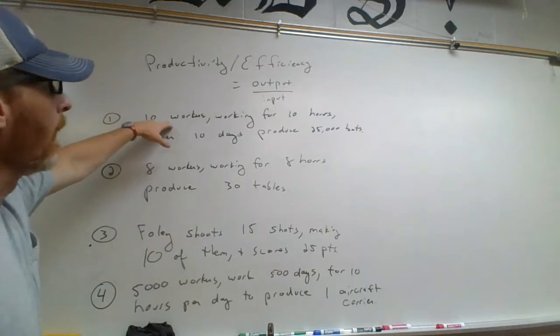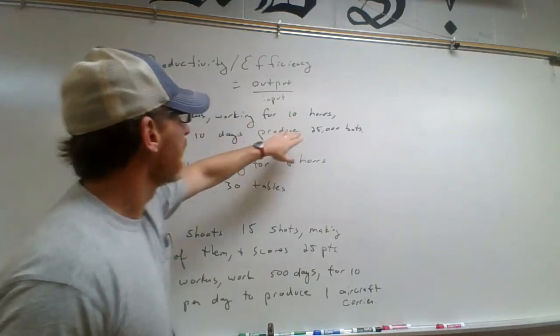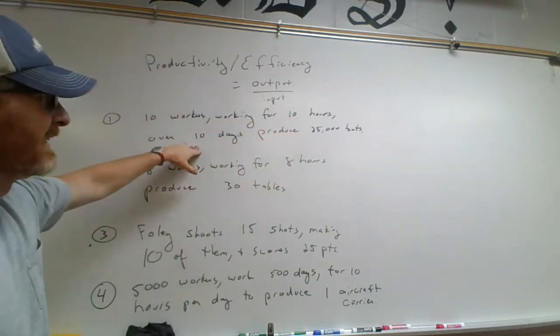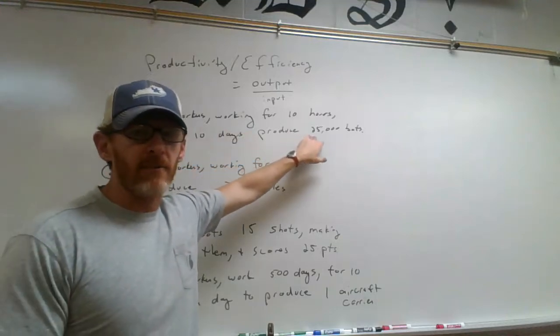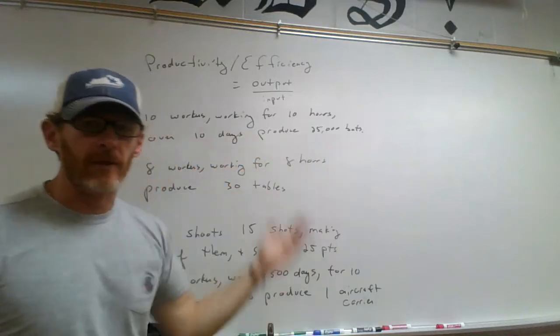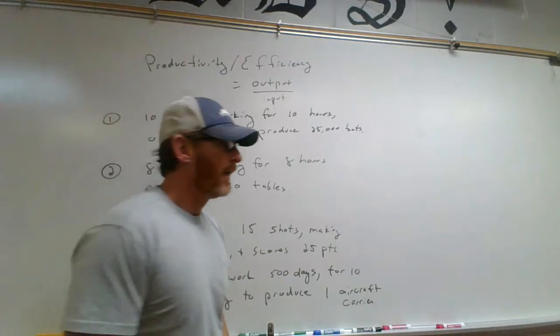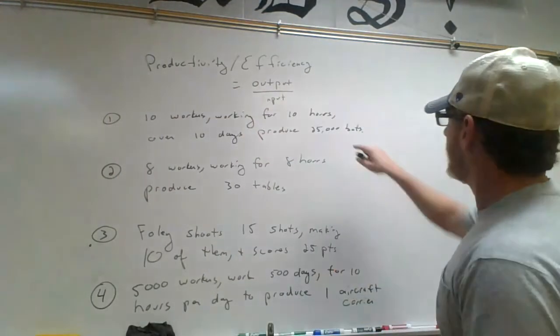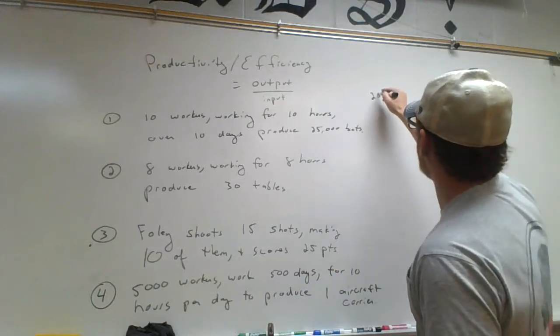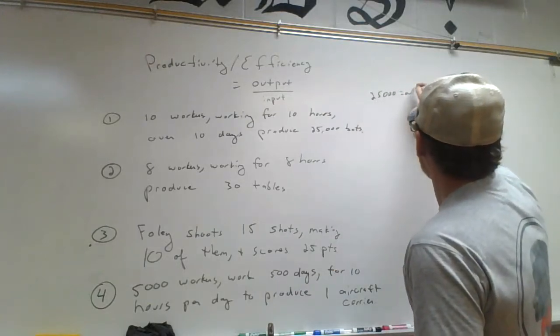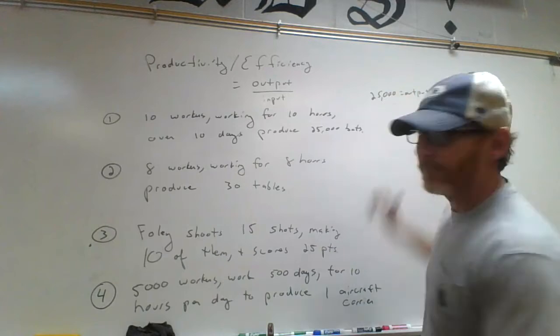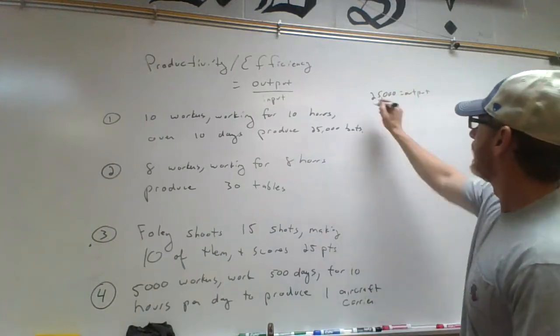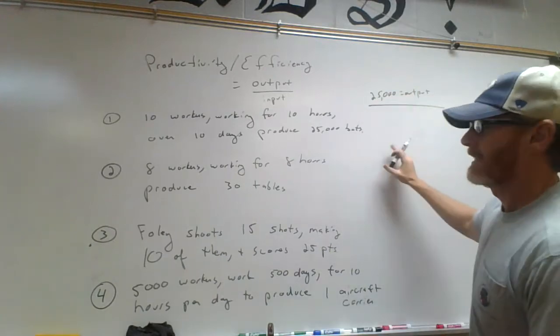10 workers working for 10 hours per day for 10 days produce 25,000 bats. Okay, let's say they're working at a Louisville Slugger. And so our output, what's being produced, is 25,000 bats. That's our output. And then our input is hours.